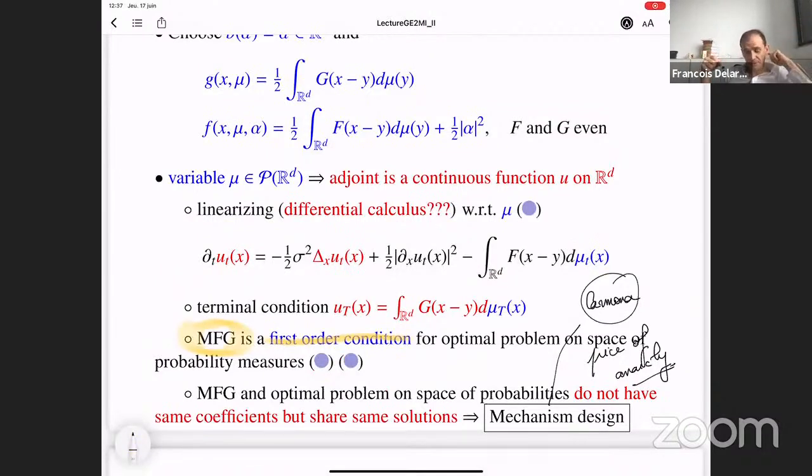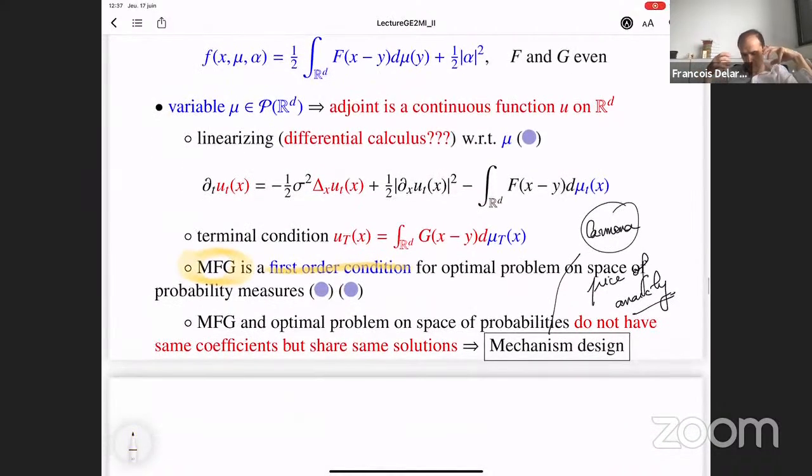for this connection between two problems which seemingly look different, but in fact, conceptually, they share some connections. And from the math point of view, this is what I was telling as an answer to the questions that I had. A game is called potential, I forgot to say, precisely when it derives in this way from a mean field control problem.